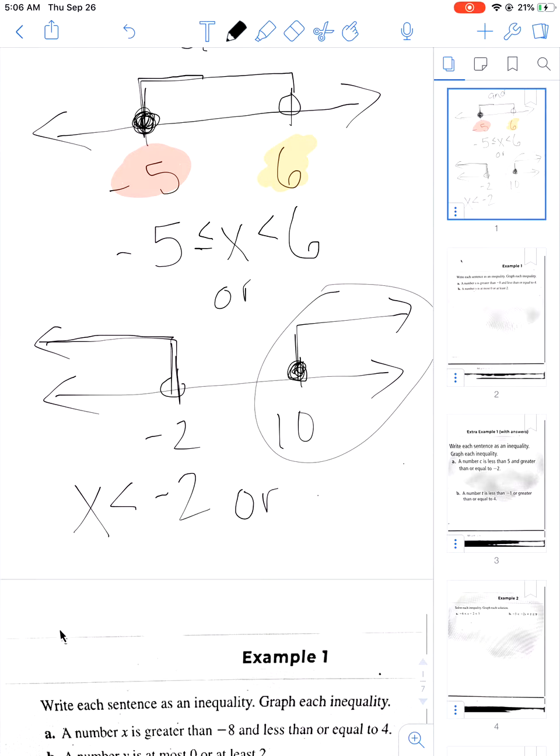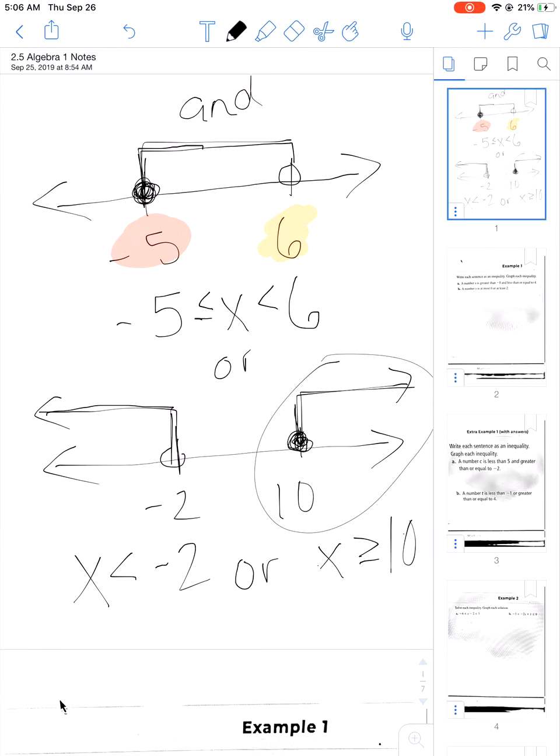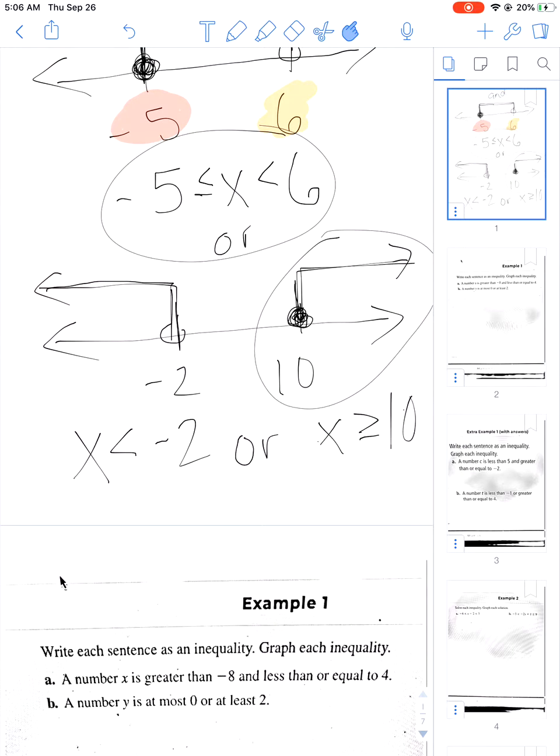Or over here, this one says x is bigger than 10, but since it's a closed circle, I need that line underneath. So this is an or, and over here we had an and. And it's kind of a closed, sort of traps in your numbers. And or is just kind of like, well, you can either be this side or that side.